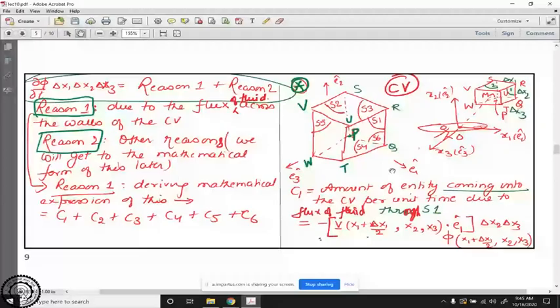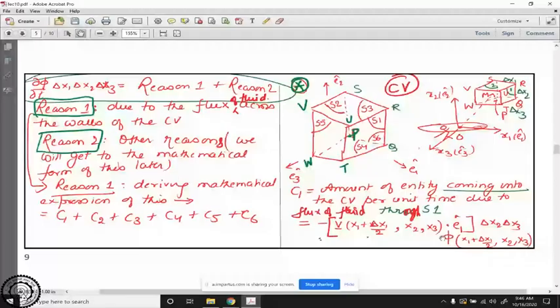That must be dotted with E1 multiplied by area of this surface, which is delta x2 times delta x3, and then multiplied by phi, whatever the entity per unit volume is. But then we have to keep in mind that entity per unit volume should also be what it is at the surface S1, and thus I have written x1 plus delta x1 by 2, x2, x3.